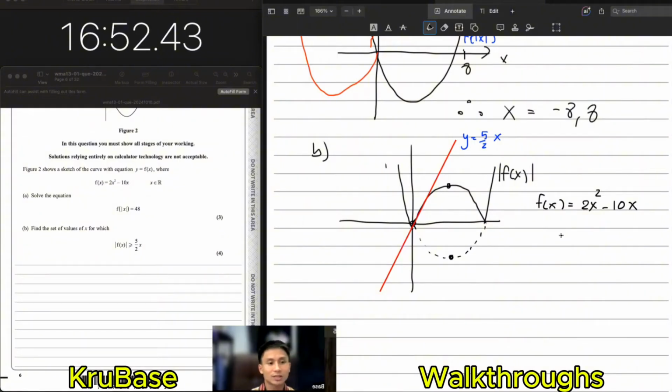Okay, so it's like we can put this whole thing to a negative. So I'm going to put a negative to make it an inverted parabola and equate that to the line we want here, which is 5 over 2x. So we solve this equation.